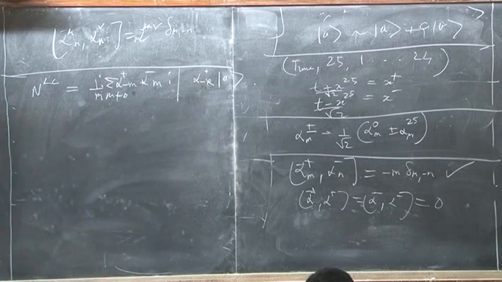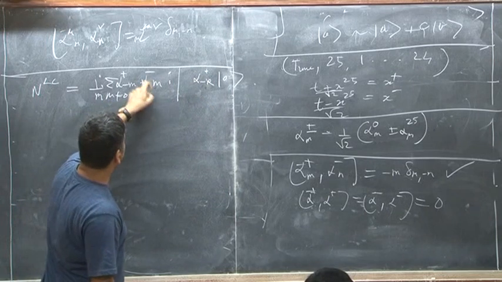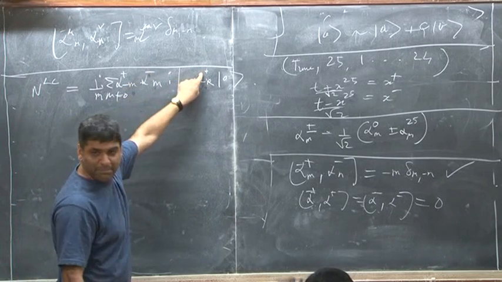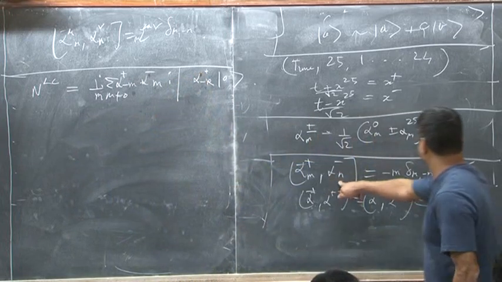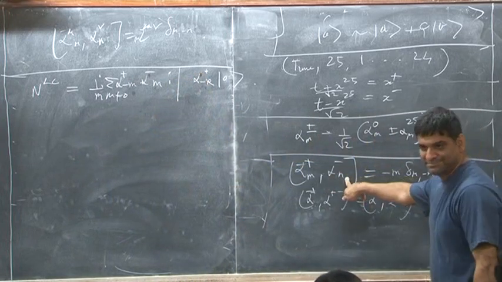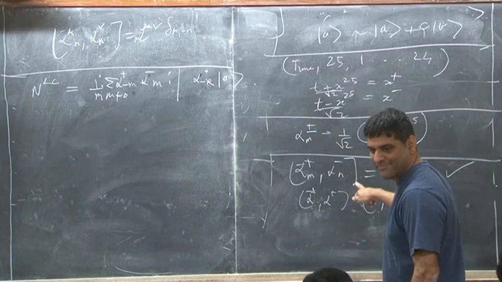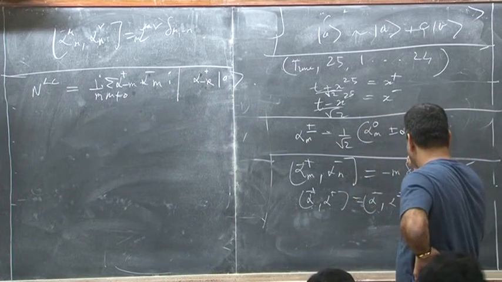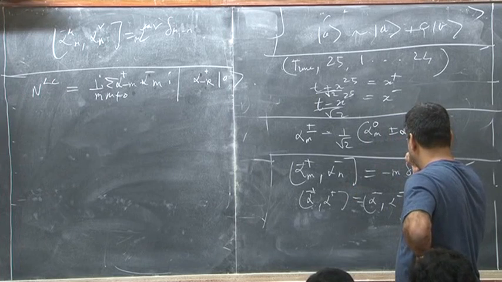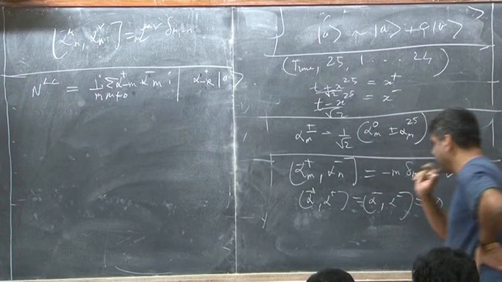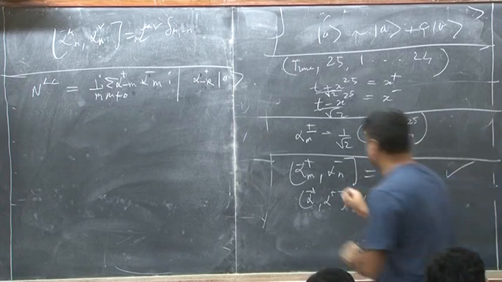Then we get the commutator of alpha minus n with alpha plus. Wait a minute, let's work out what the other commutator is.